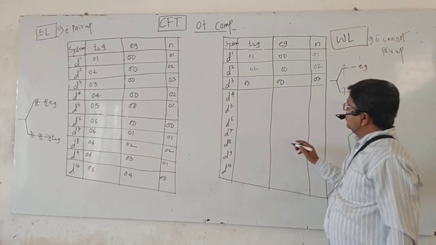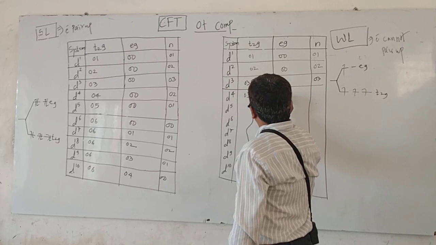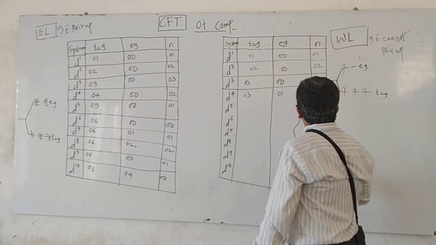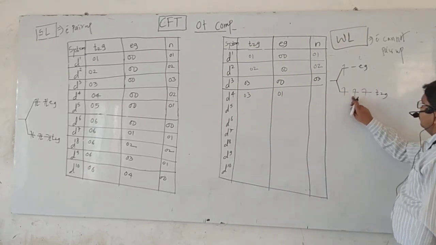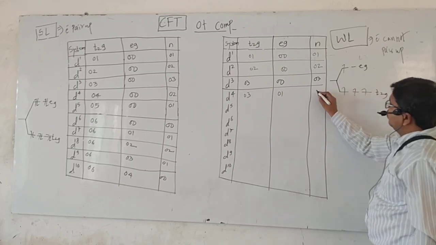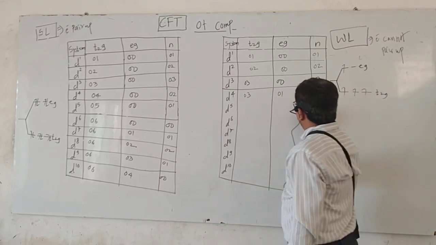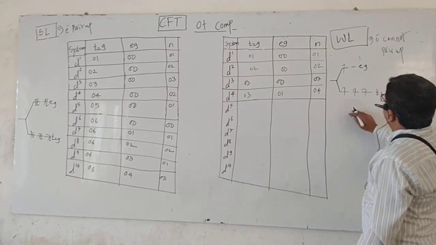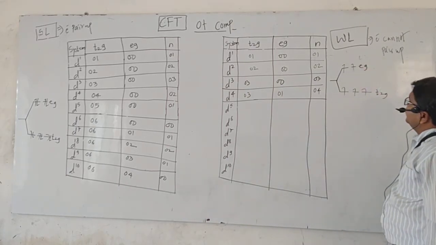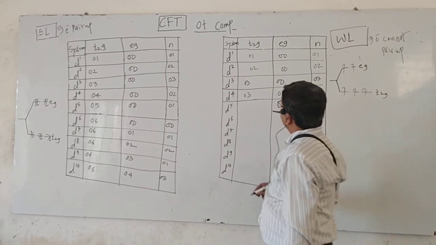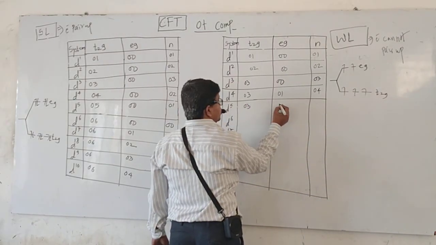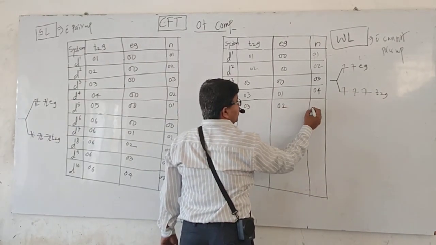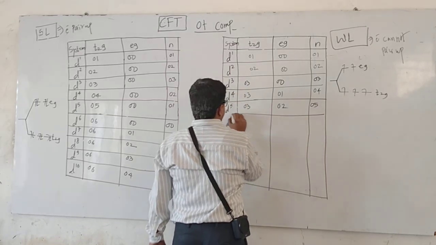So t2g 3, eg 1. Number of unpaired electrons 4. Okay. Now for d5 system, the fifth electron will enter here. So it will be t2g 3 and eg 2. Number of unpaired electrons 5.